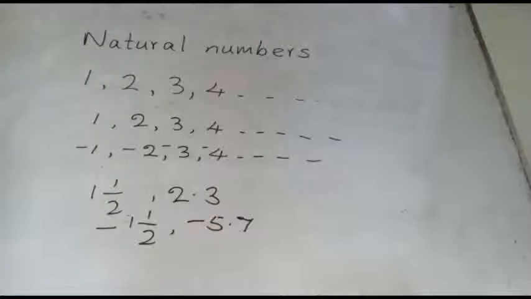Using directed numbers, on the number line we can interpret positive integers and negative integers and zero. On the number line, we can interpret positive numbers as positions to the right of 0.